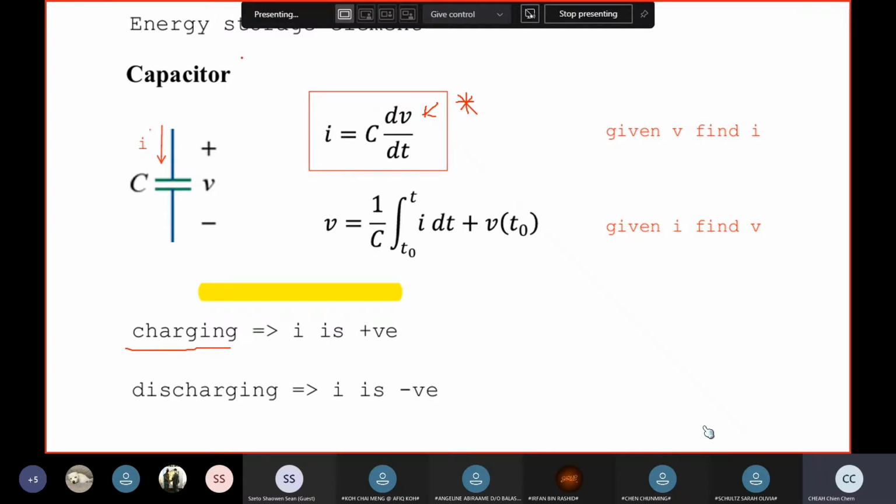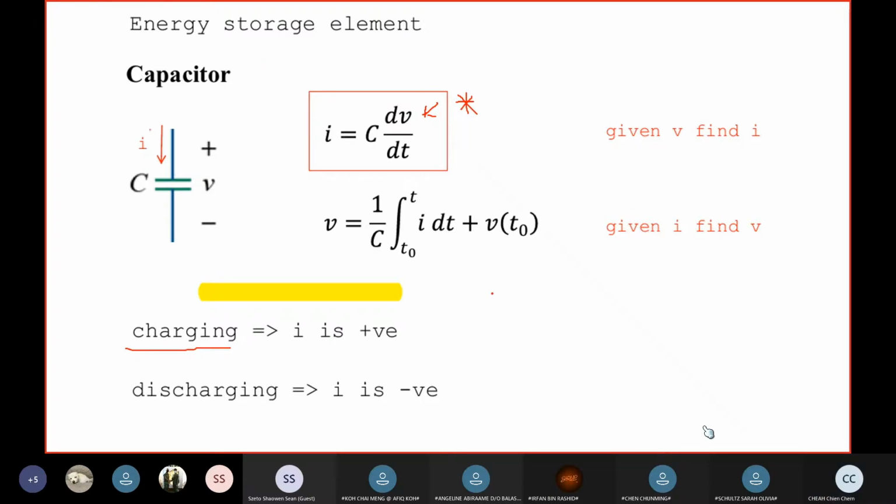And if you integrate this equation, the reverse of differentiation is integration, you get V is equal to the integral of I divided by C, plus the initial voltage. Now this equation is quite easy to understand.